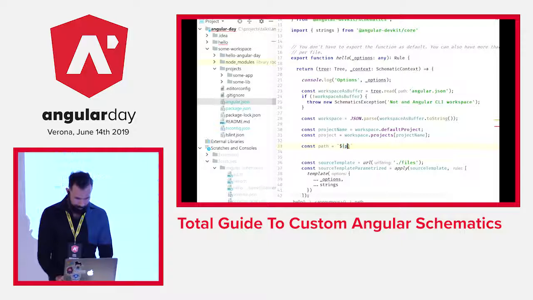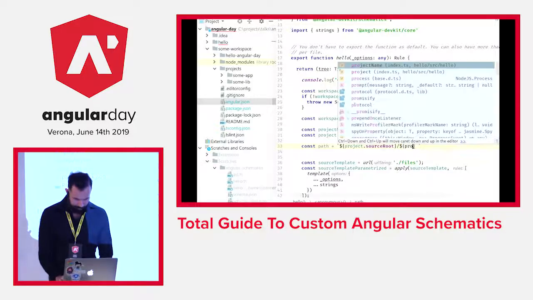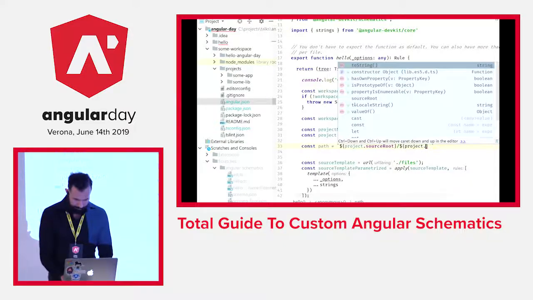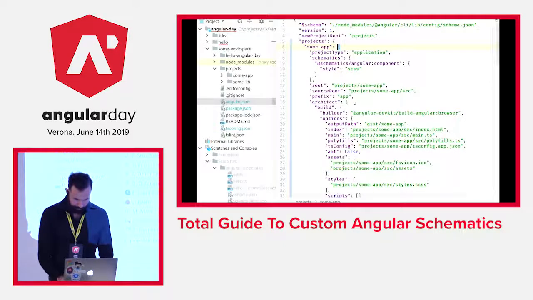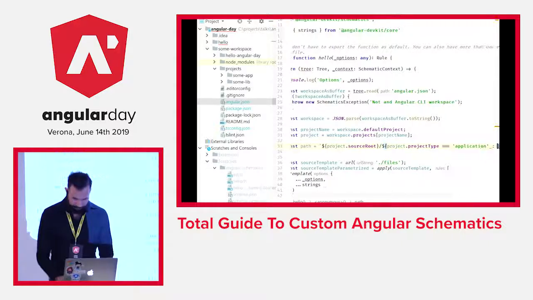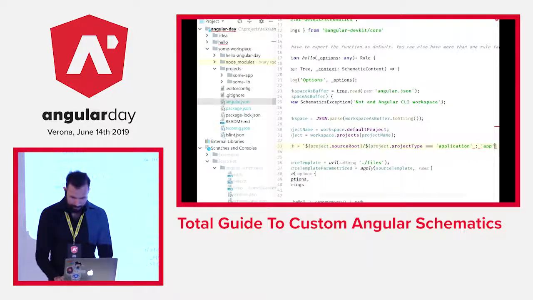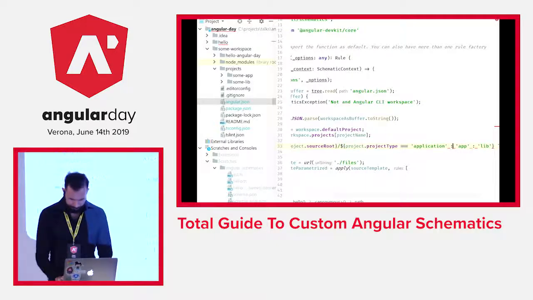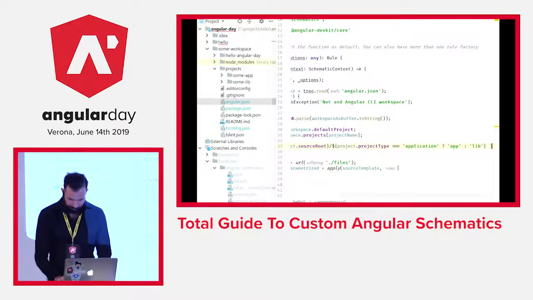So that means the path is project source root slash now project, how is it called, project type. And if project type is application, then we know that this is app, else is lib. Well, that has to be a question mark.